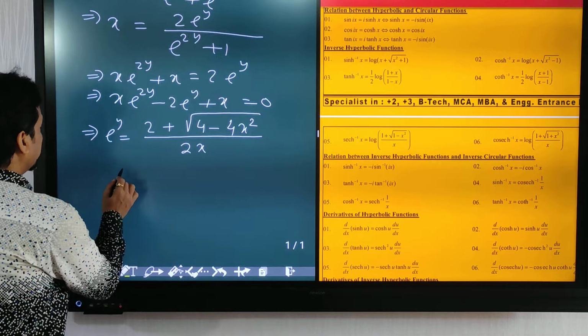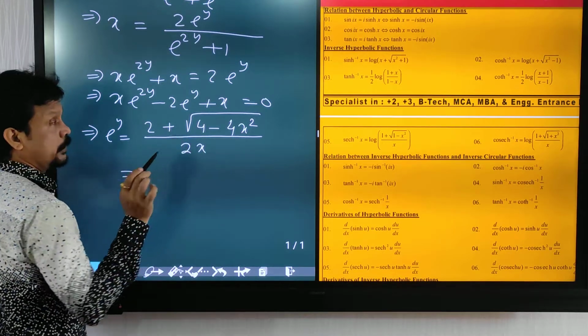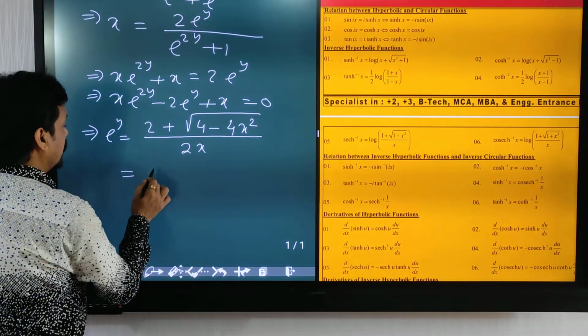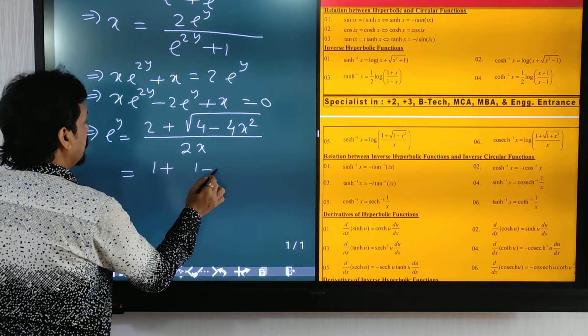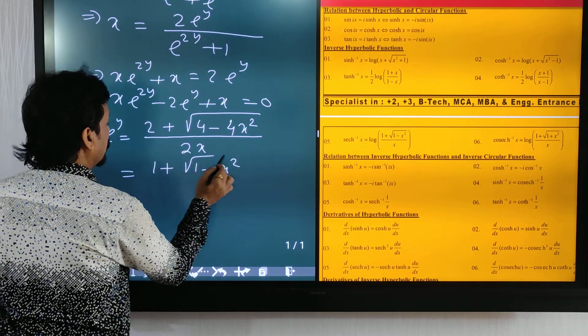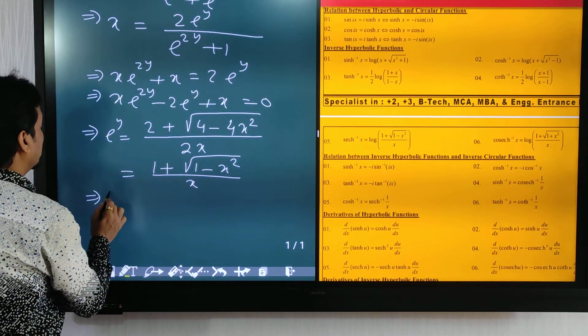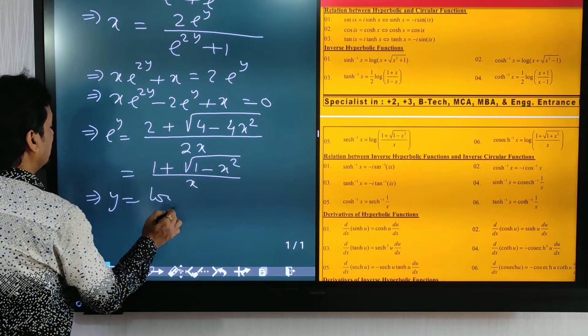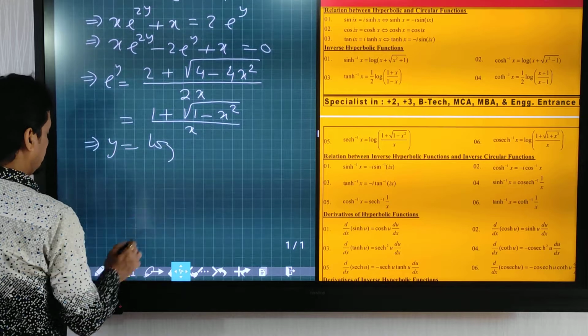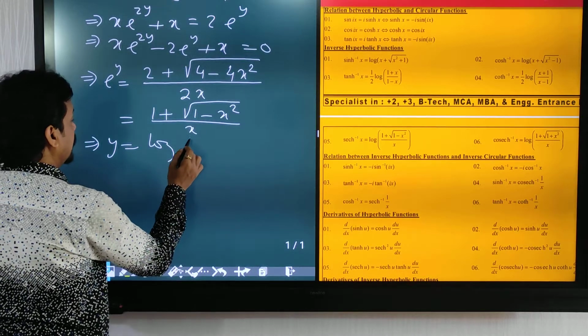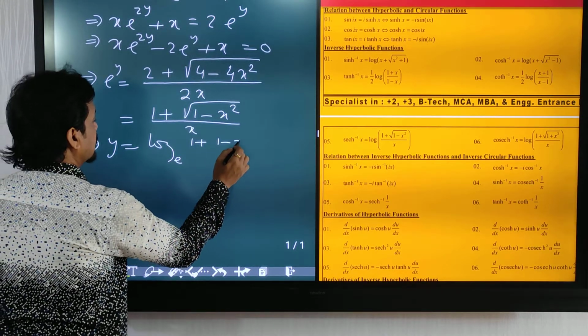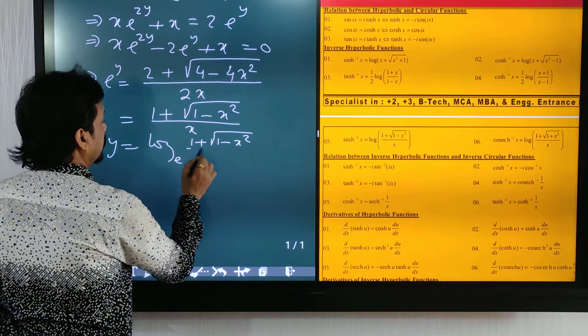Clear? So simply take 4 outside so that it will become 2, and 2 cancels out. 1 plus root of 1 minus x square, divided by x. And this is e to the power y. So y is equal to log base e of (1 plus root of 1 minus x square) divided by x.